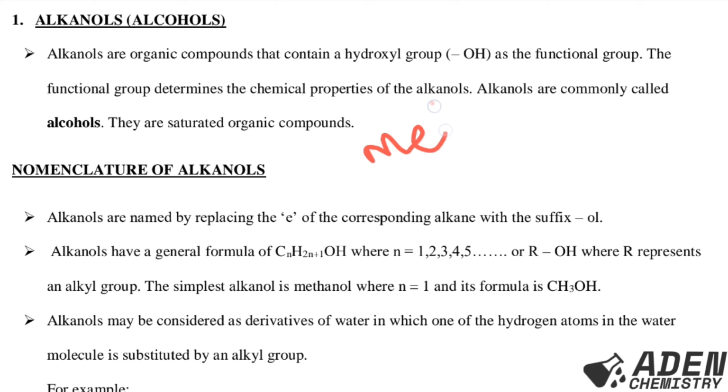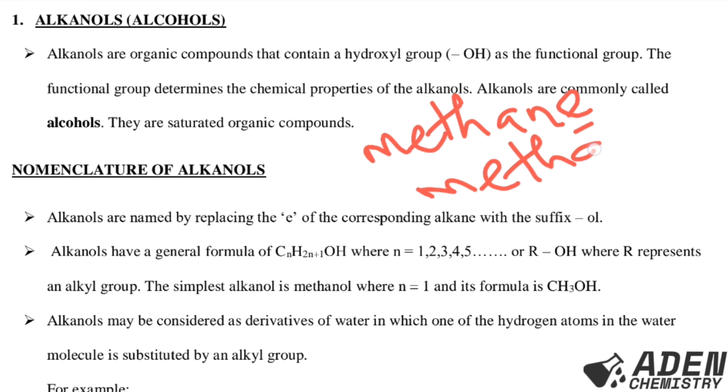If you check the name methane, it ends with E. For us to make this alkane an alkanol, we remove the E and replace it with the suffix OL. So what we get is methanol. If we're talking about ethane, we get ethanol. If you are talking about propane, we'll make it propanol.